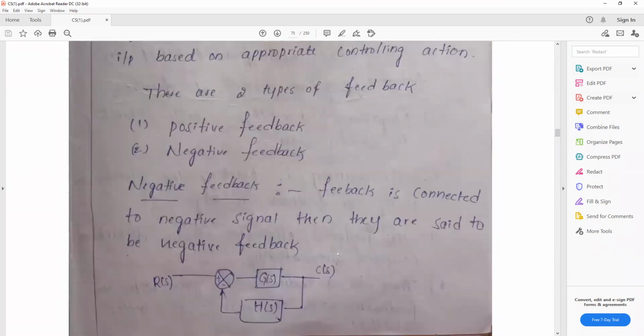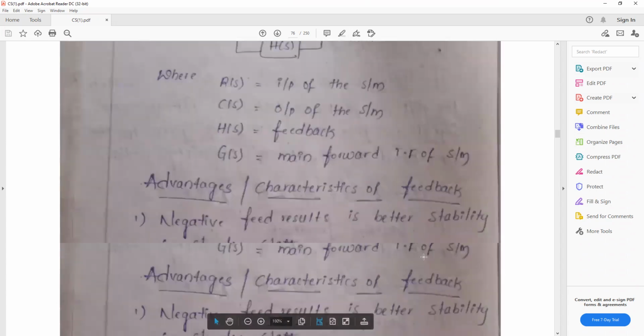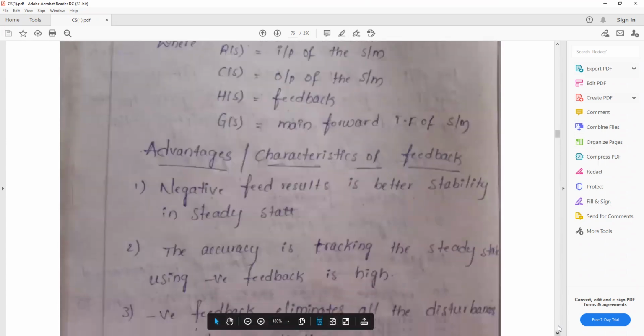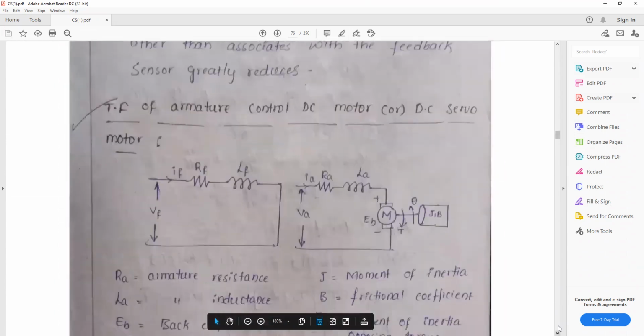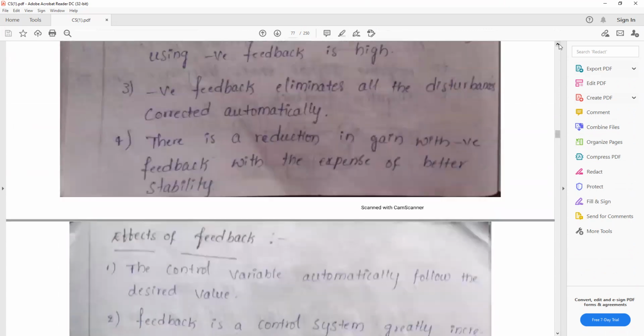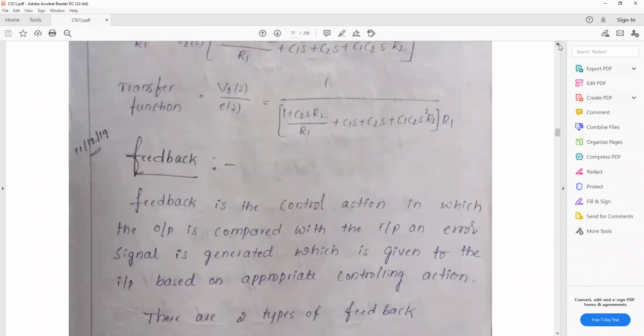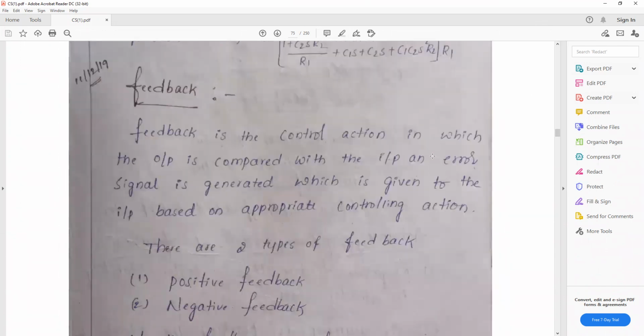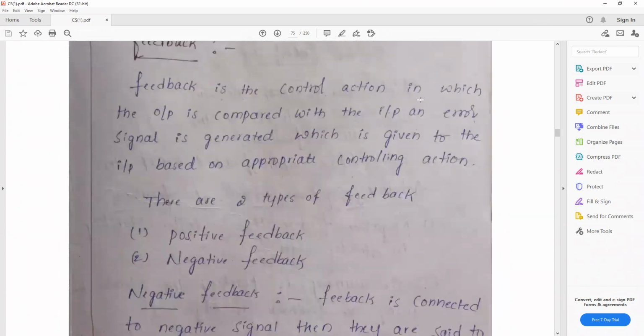So it's very simple. Next, feedback. Feedback is the control action in which the output is compared with the input, and the total information is sent to the error detector.